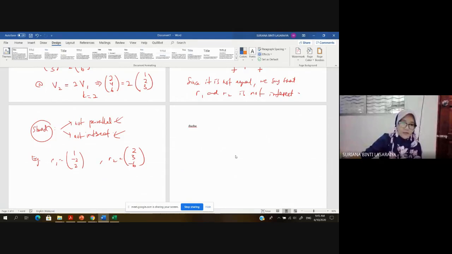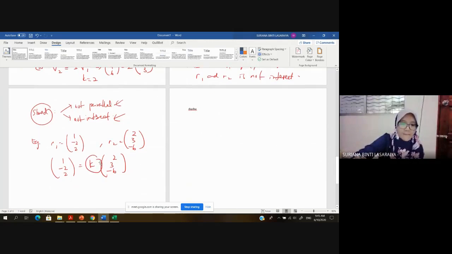Yang ini dengan ini. Can we write in the form of 1, negative 2, 2 equals K times 2, 3, negative 6? Does this exist? Adakah tu nilai K yang satisfy itu? Tidak. Tiada.